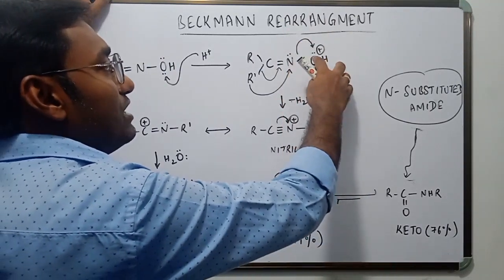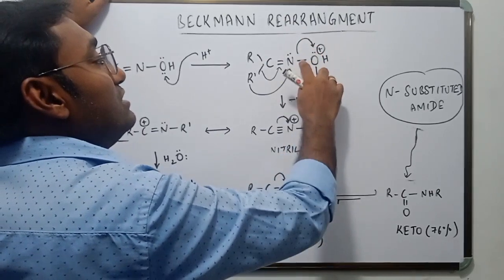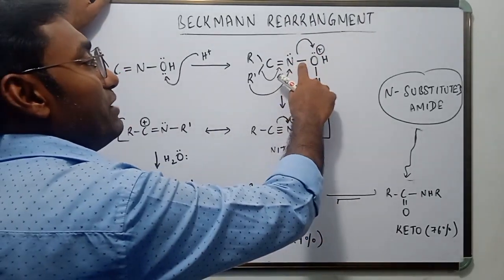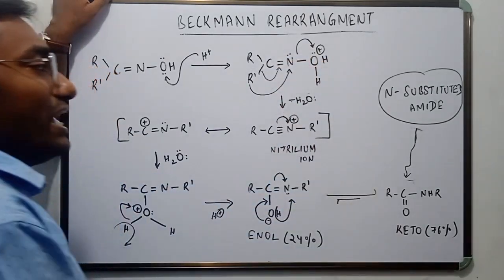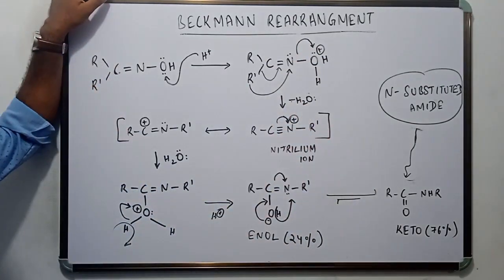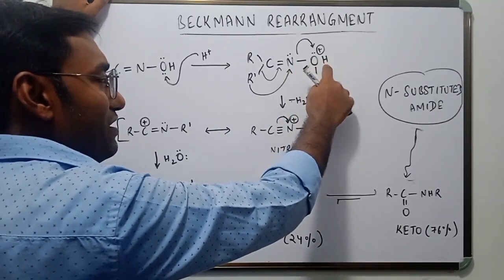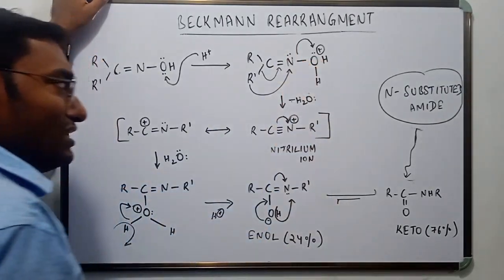On top of it, the oxygen is positive and it tries to take the electron pair that it shares with the nitrogen. So this pair now goes to H2O plus and that leads to elimination of H2O, that is water. When this electron pair is taken away, the nitrogen develops a positive charge.